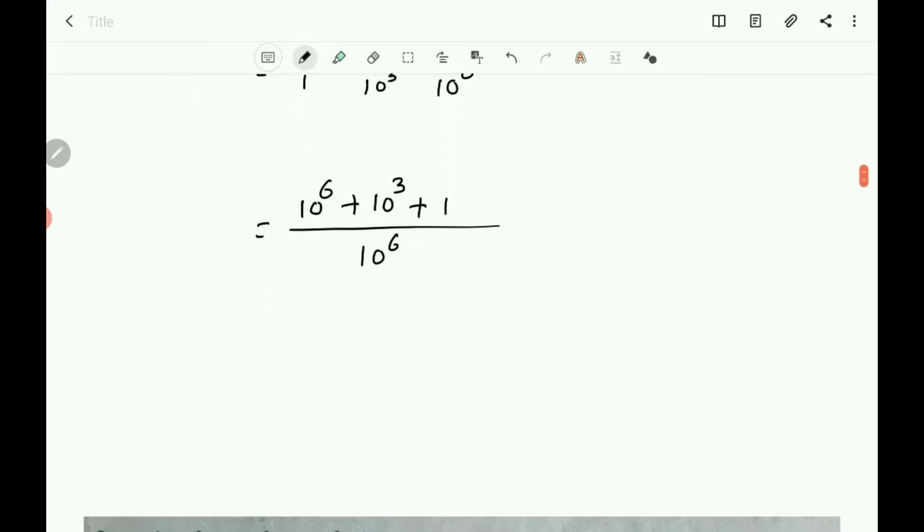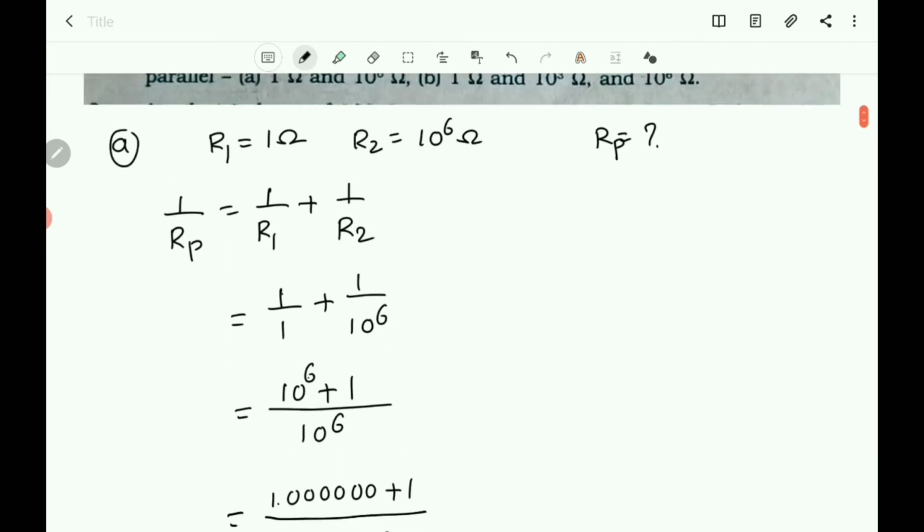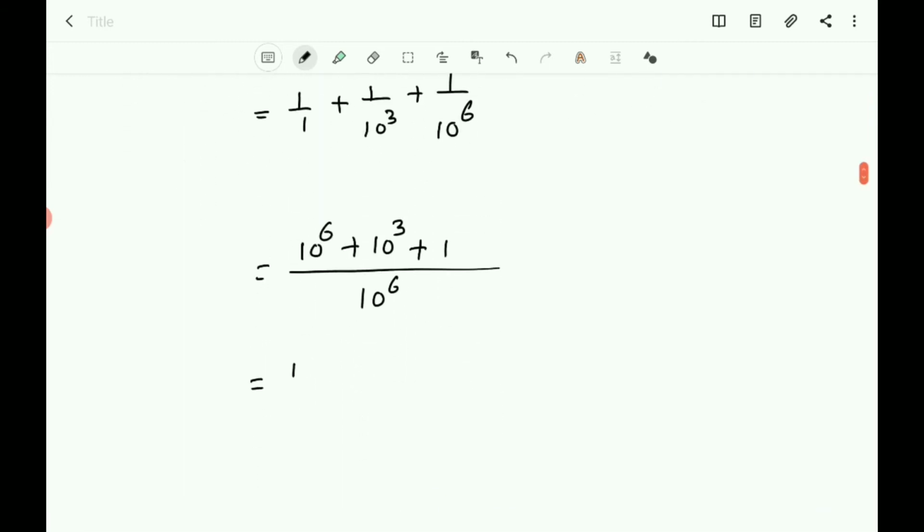So it is 10 lakh plus 1000 plus 1, that is 10 lakh 1001, by 10 lakh.